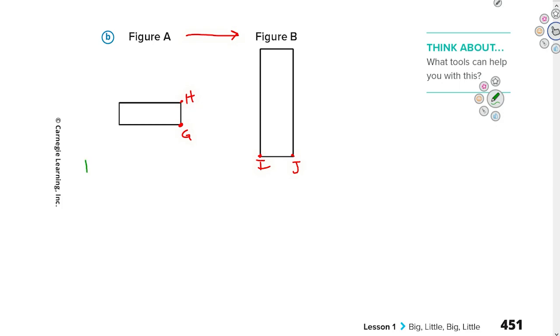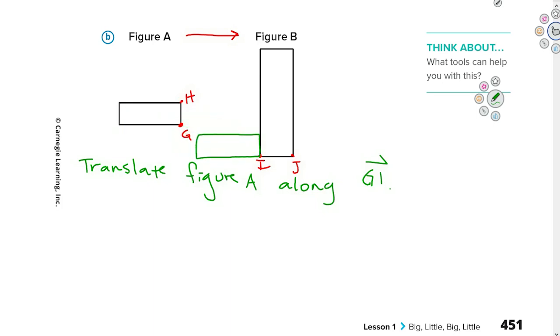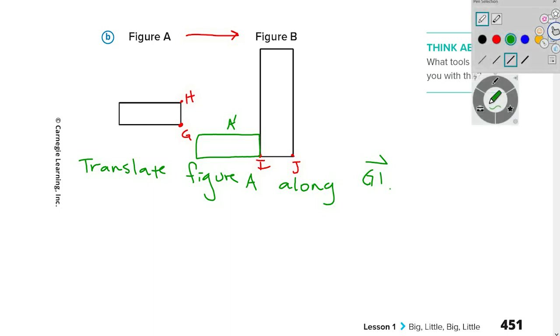I'm going to translate figure A along the vector GI. Okay, and what that looks like, here's my figure A, pretty close, over here, bing, right here. This is A prime. I like matching up corresponding points first, so that then that becomes my center of rotation, my center of dilation. Like I have a point that's very clear for me to know where to have my centers of things.